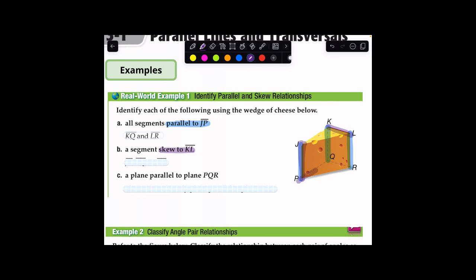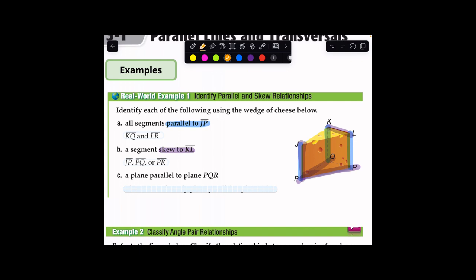Similarly, these other ones down here, PQ and PR, are on a different plane and would continue in completely different directions, so they would never intersect. Those will all be skew: segment JP, PQ, or PR.